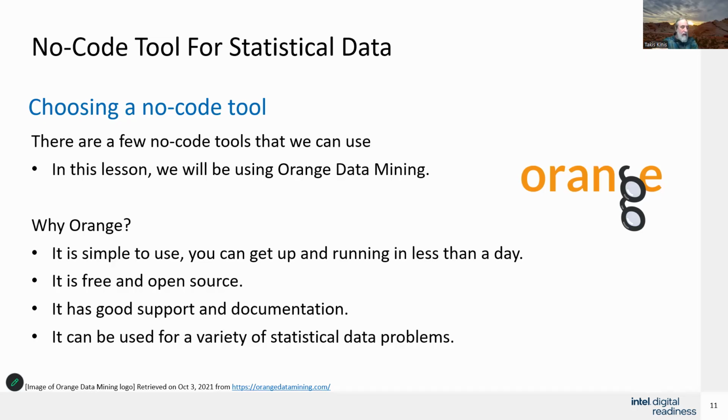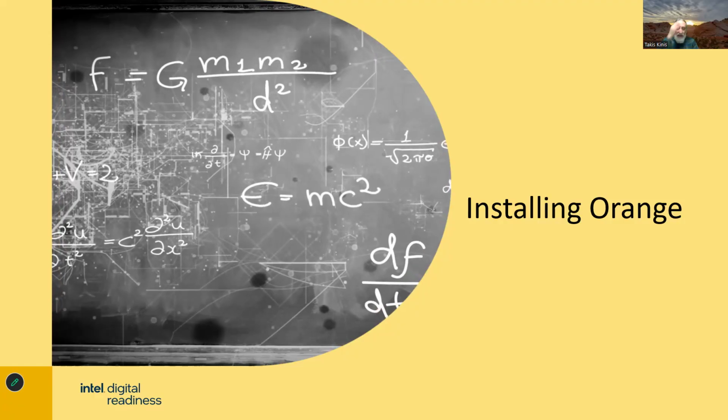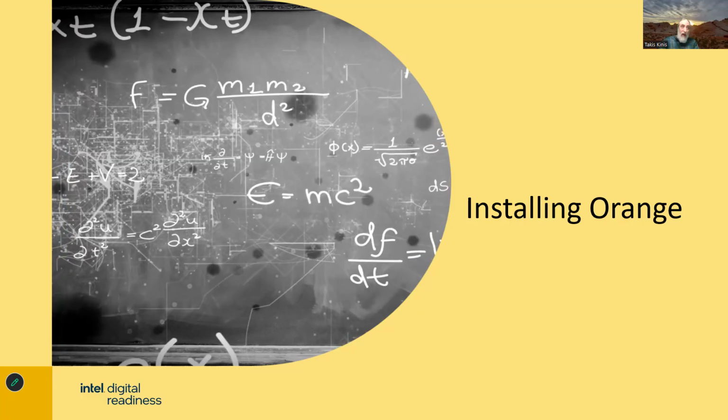A lot of reasons why we're using it. Well, number one, it's free, and very often there's very little spin up time getting to use it to do something productive, which is wonderful, right? Because it's free, it's open source, very well supported, and you can use it for lots of different types of little issues. And now you can see where our screens are taking us here, which is installing Orange.